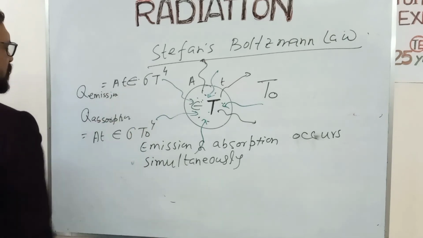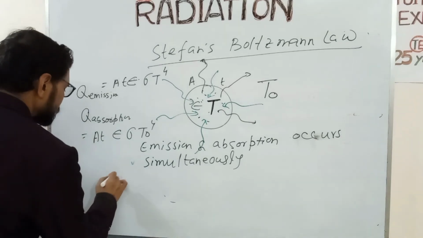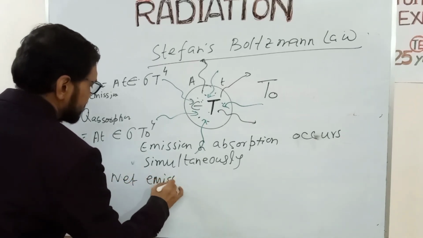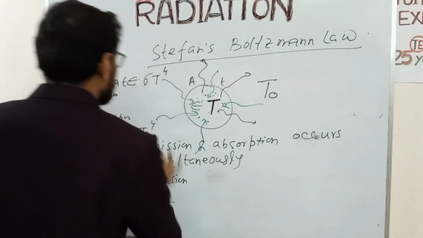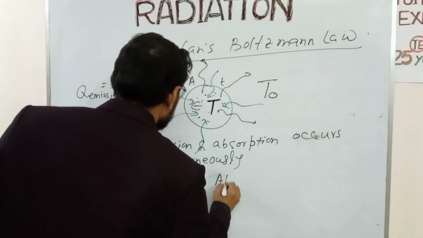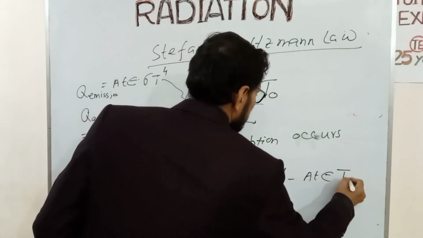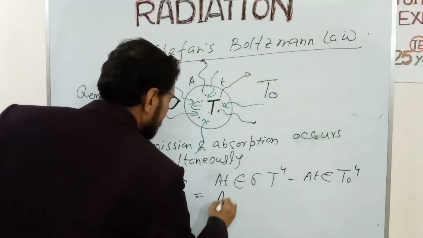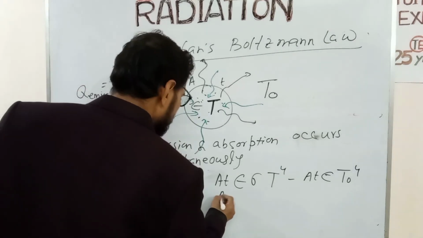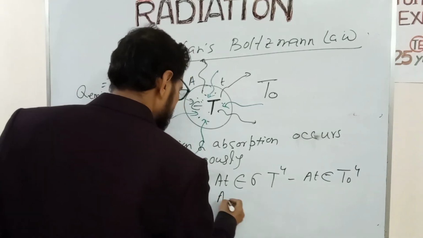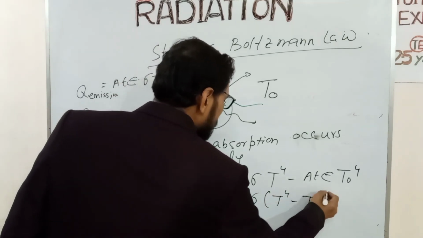This is the emission part, this is the absorption part. So the net emission will be this minus this. Net emission in T seconds will be A into T sigma, T to the power 4 minus T0 to the power 4.